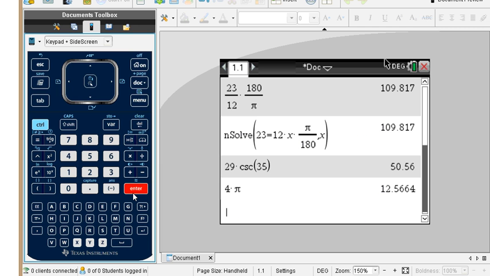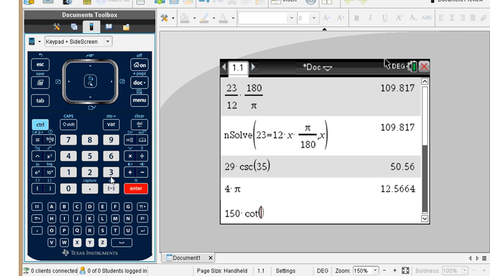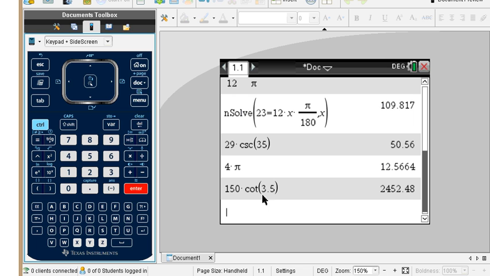So going to our calculator, we have 150 times cotangent of 3.5 degrees. And for that we get 2,452 feet.